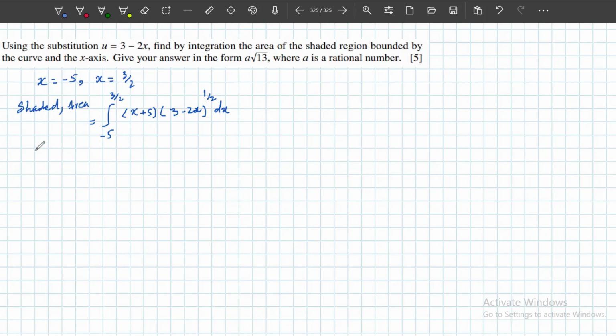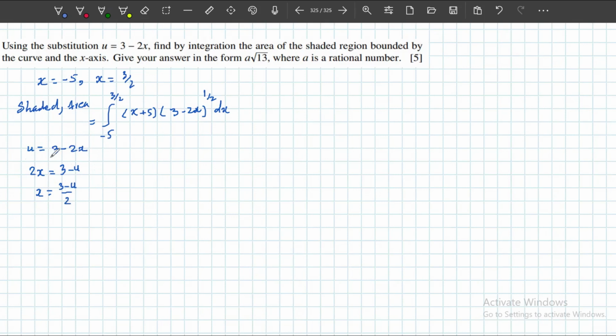The first thing is u, which is equal to 3 minus 2x. From this, we can find x as well. If you take 2x to the other side, it becomes 2x equals 3 minus u, or x is equal to (3 minus u) over 2.